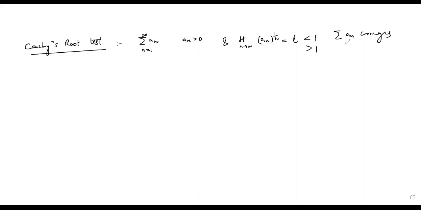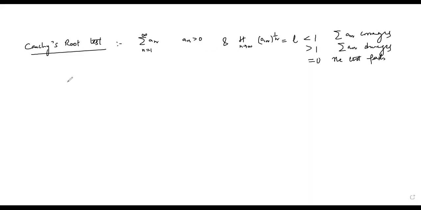If it is greater than 1, summation an diverges. If it is equal to 1, this doesn't help, and it fails. We cannot be sure whether the series would converge or diverge in case the limit is 1.